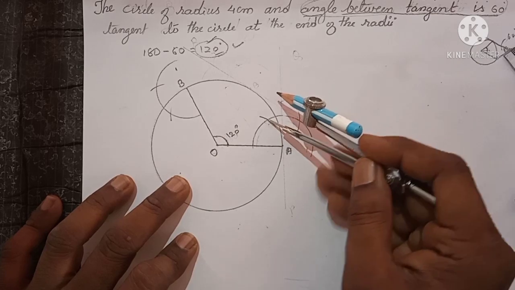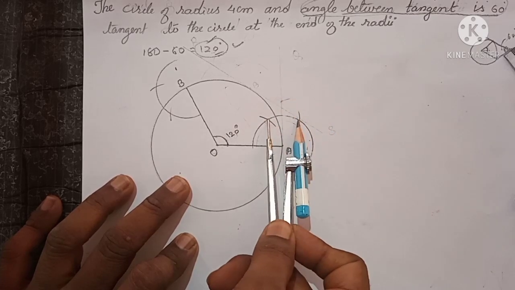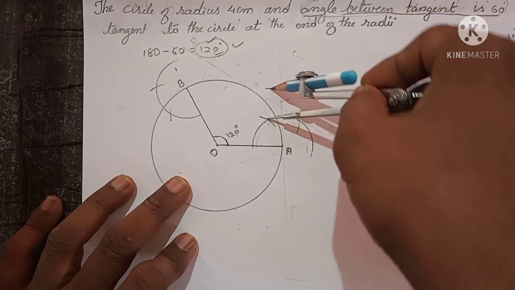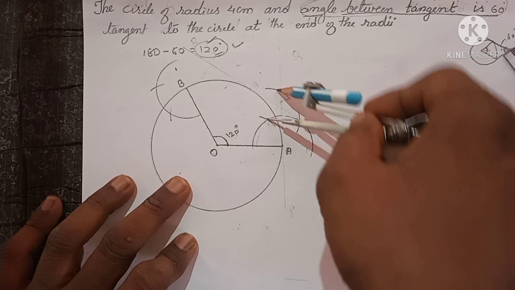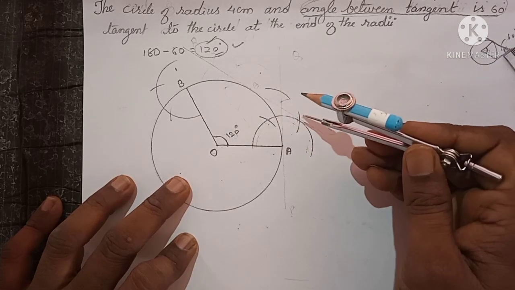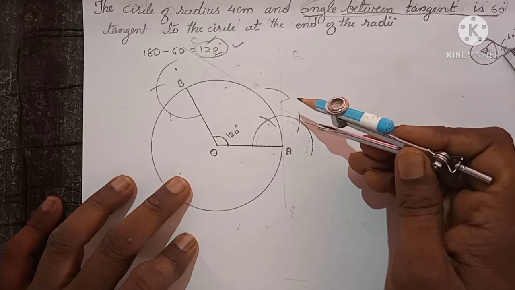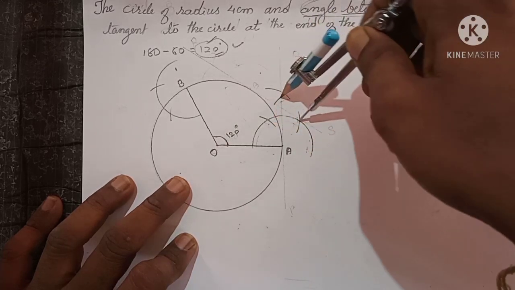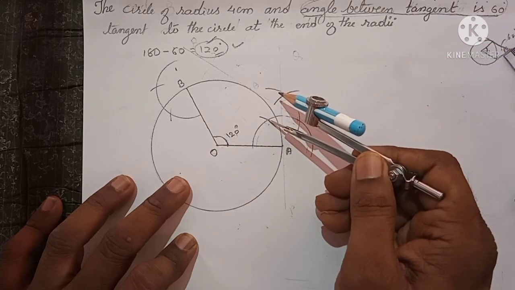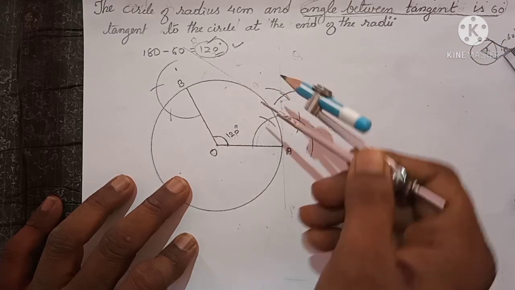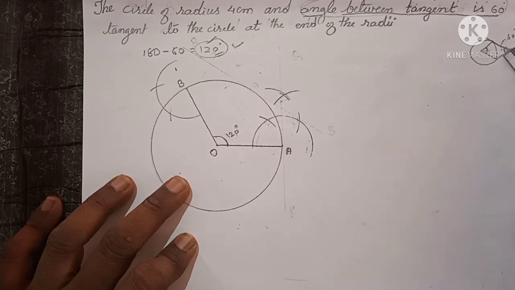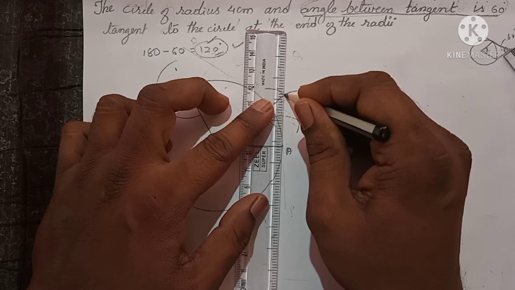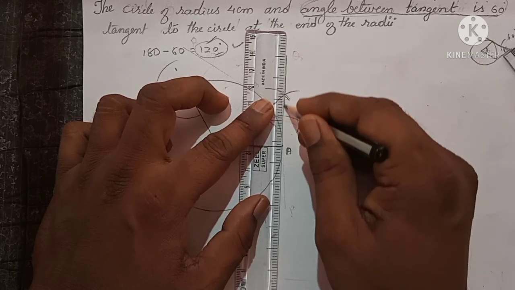In the semicircle, take the first arc, and without changing the length of this arc, draw another arc, put the second arc of this semicircle and cut the previous arc. Those two arcs intersect, so you are obtaining a tangent.